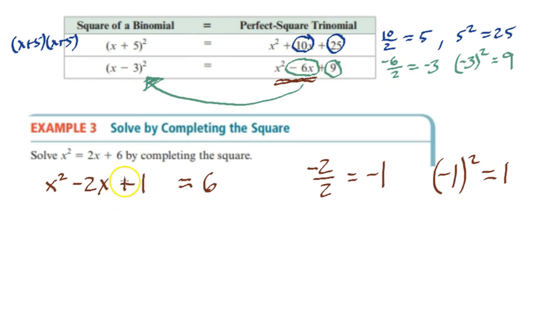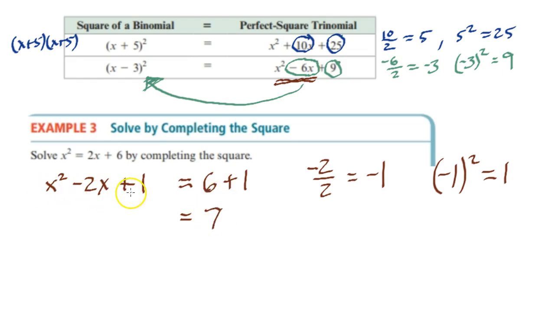But if we add 1 to both sides of the equation, we keep the balance of equality. Because what we do to one side of the equation, we can do to the other side of the equation, and we still have equality. So what we now have is on the left side of the equation a perfect square trinomial. So this can now be factored. On the right side of the equation, let's simplify that to 7.